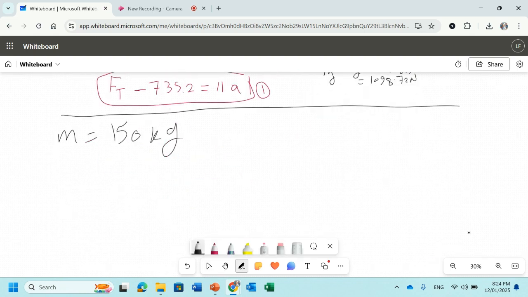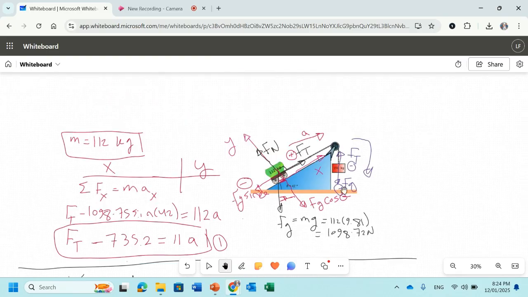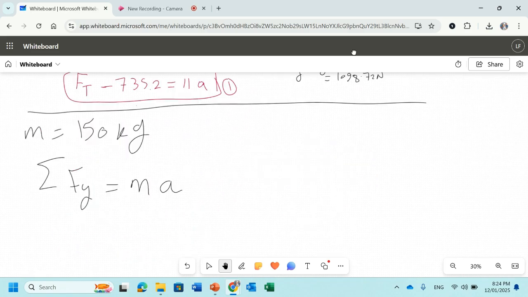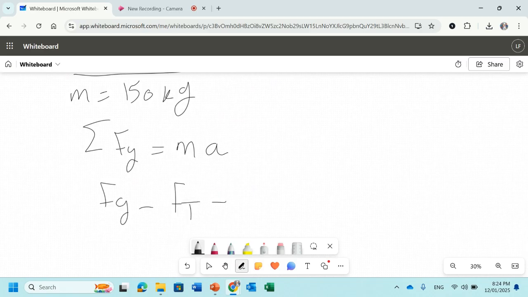This is the y direction. All the forces in the y direction equal ma. Remember, Fg is positive and Ft is negative, so it will be Fg minus Ft equals ma.